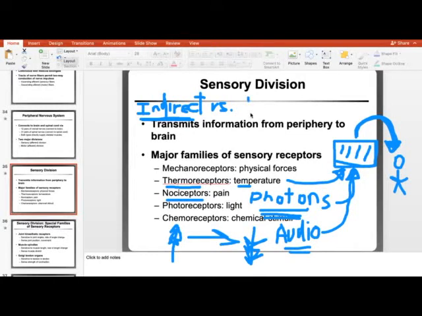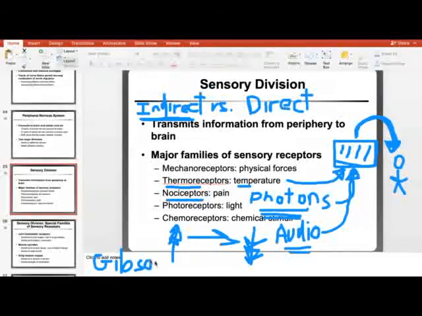But there's also another competing theory of perception called direct perception. All right. And that was developed by a guy called James J. Gibson, back in the 50s.